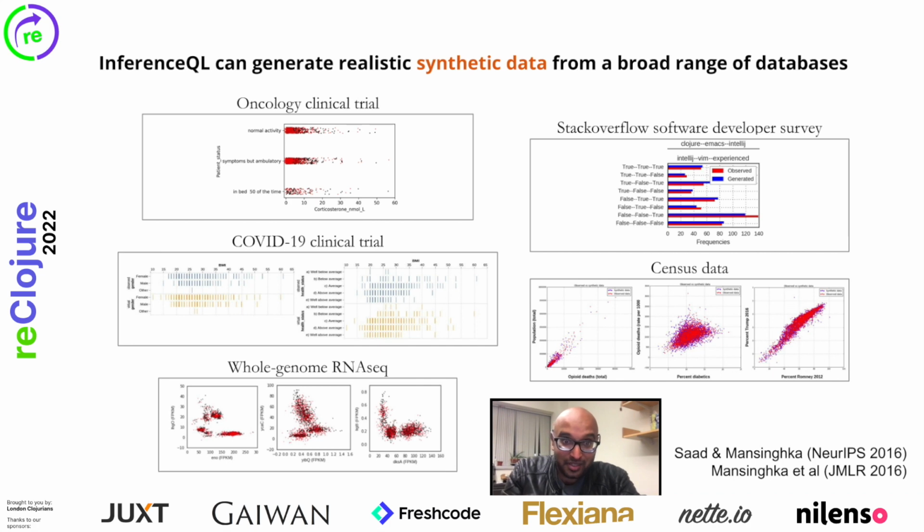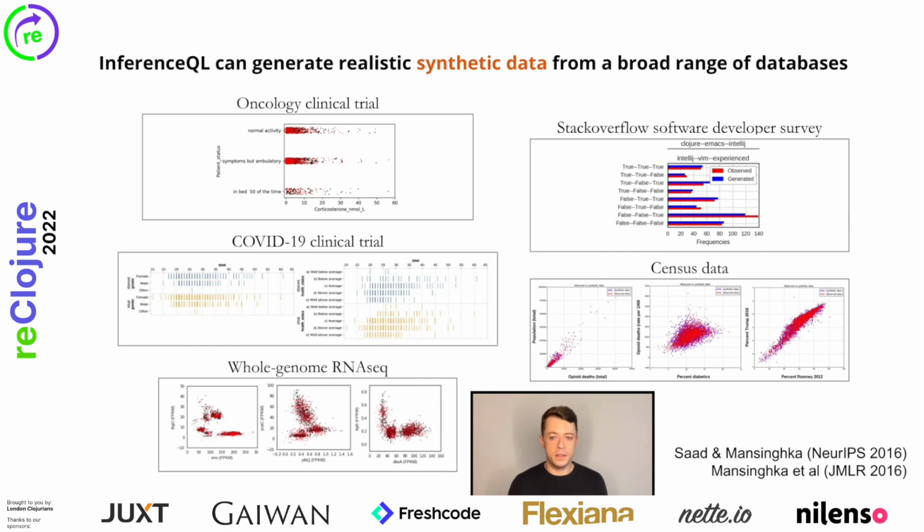This data varies from just hundreds to many thousands of rows and just 10 to several thousand columns. So data of a broad range of scales can be modeled accurately using InferenceQL. In each of these examples, the real data is in one color and synthetic data is in another color. As you can see, the synthetic data is generated quite accurately.